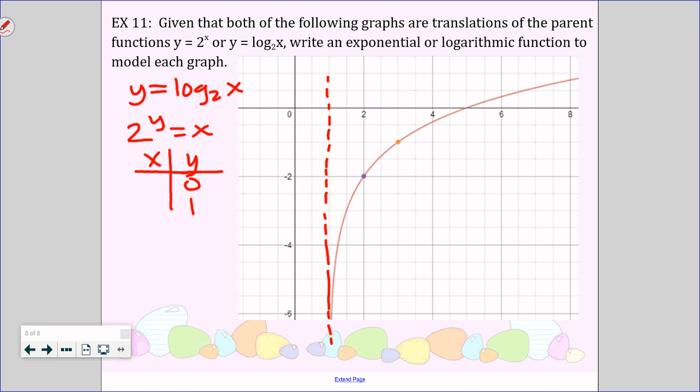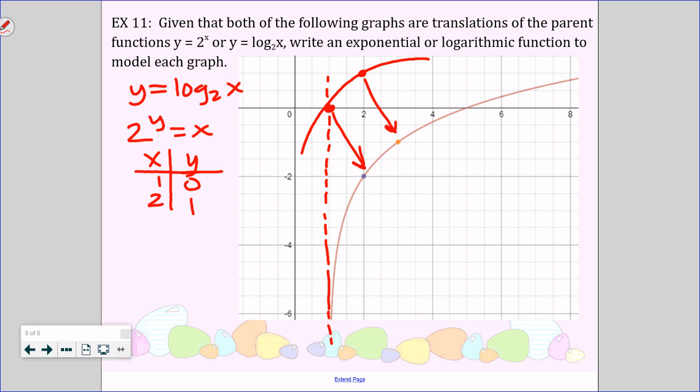So 2 to the 0 is 1, and 2 to the 1 is 2. So our points here are 1, 0, and 2, 1. So this is our parent function, and it has been moved to those 2 points.